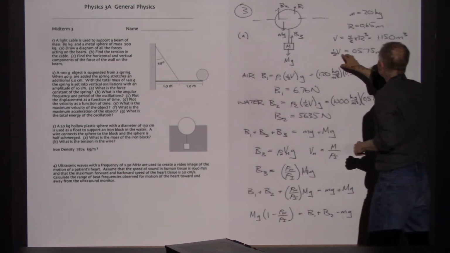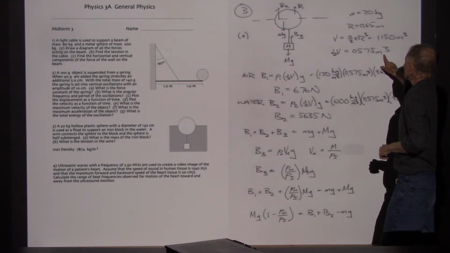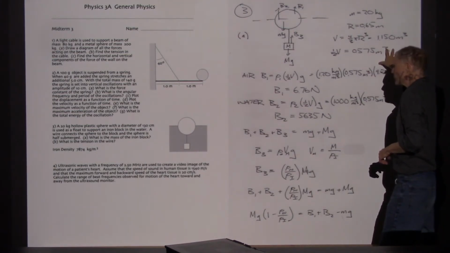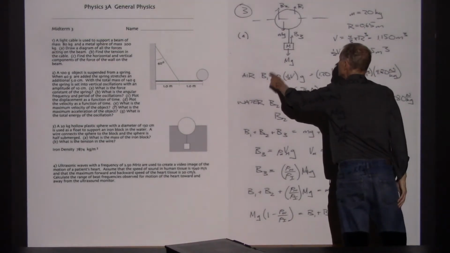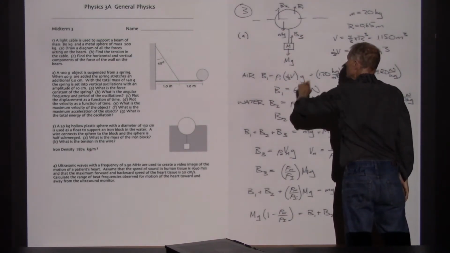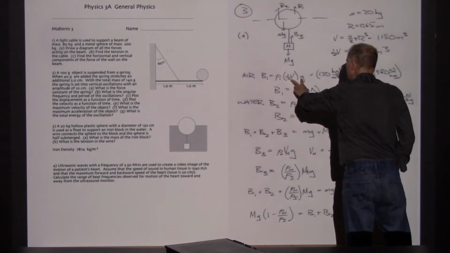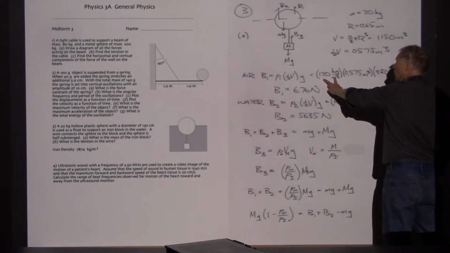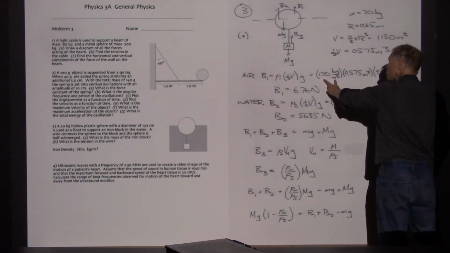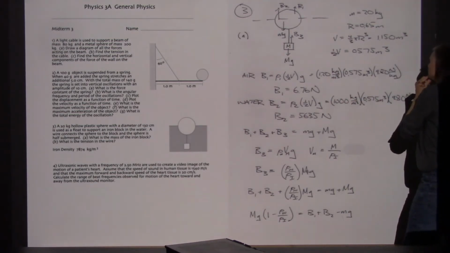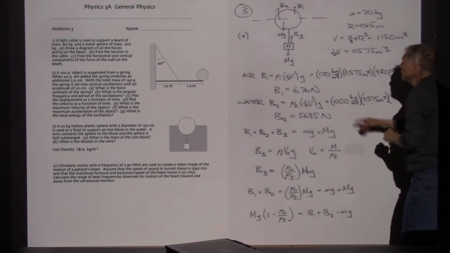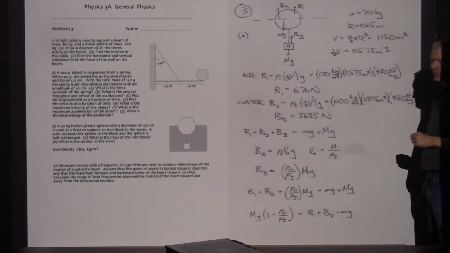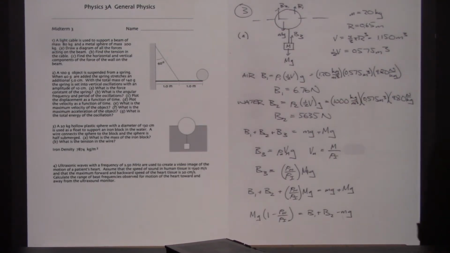So half of that volume would be 0.575 cubic meters. So the buoyant effect due to the air is density times volume times g. Density of the air is 1.20 kilograms per cubic meter. And putting all the numbers in, I am getting 6.76 newtons of buoyancy due to the displaced air.